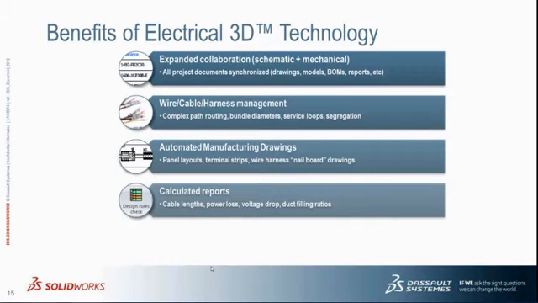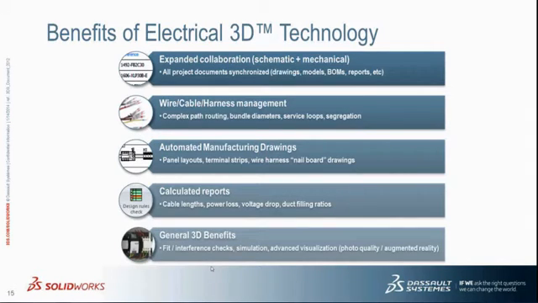We mentioned calculated reports in the schematic or in the 2D panel layout, but when we go into 3D, we actually have access to more reports because now we know more information. We know the lengths of the cables, so we can give you power loss and voltage drop information. We know how many wires are in each duct and the physical diameter of each of those wires that comes out of the system.